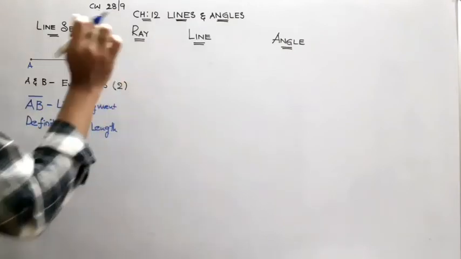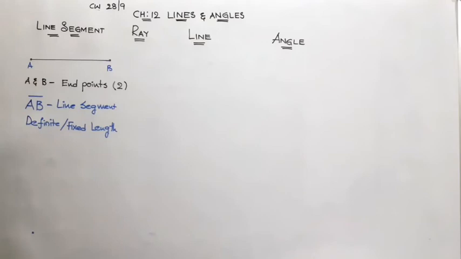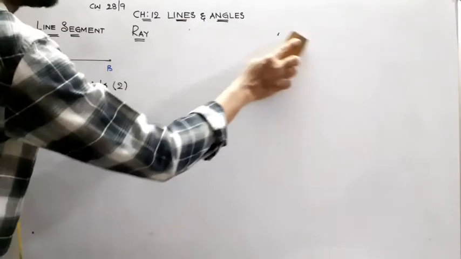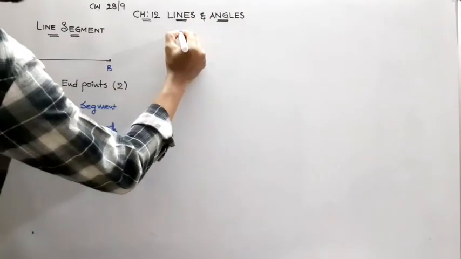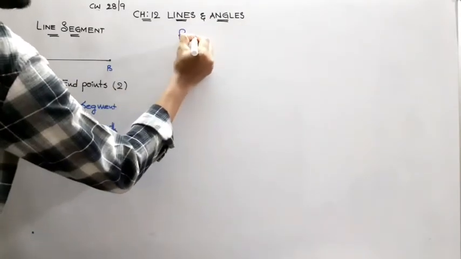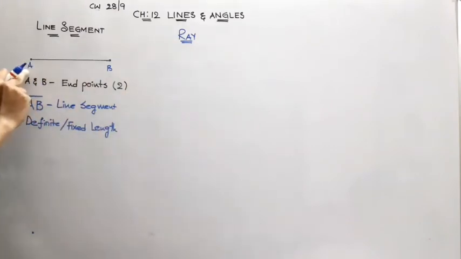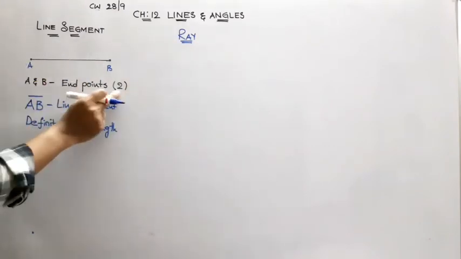Now next we are going to discuss ray. In a line segment, how many endpoints are there? 2 endpoints.